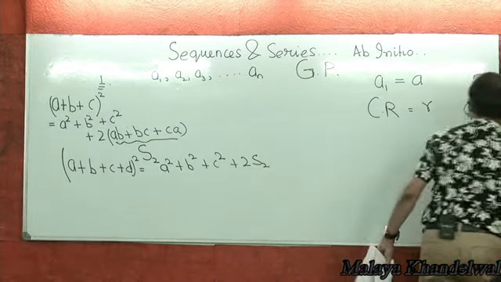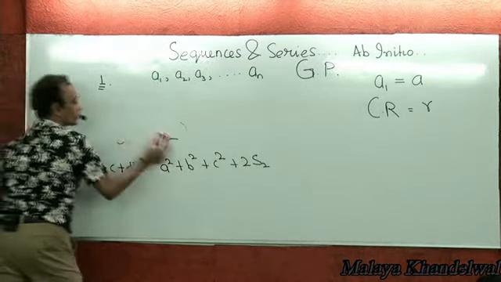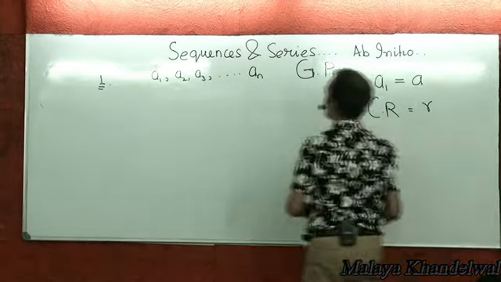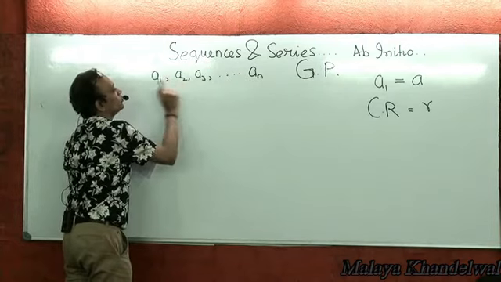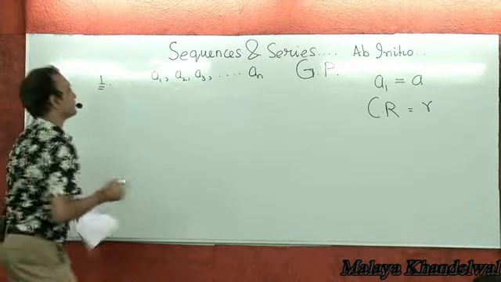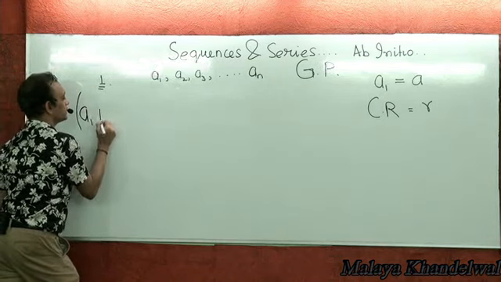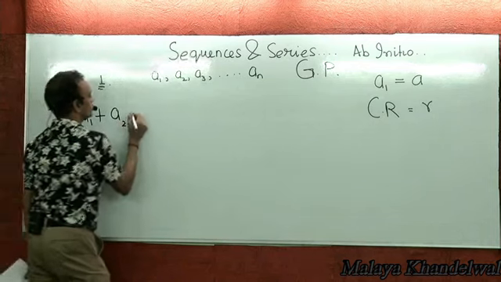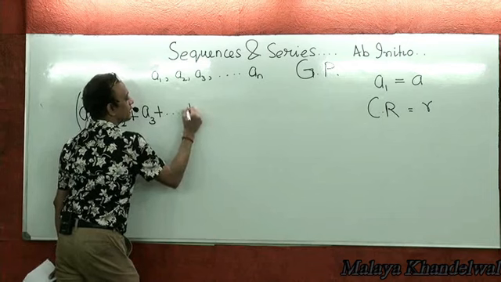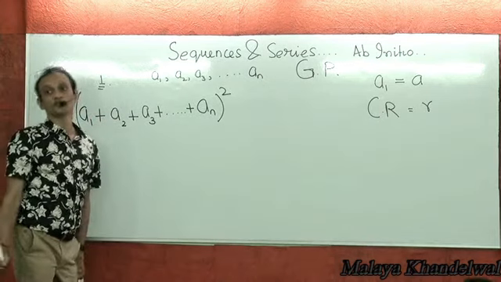Extending this to a generalized domain, that is to say, I want A1A2, A1A3, A2A3, all such pairs to appear in that sum. That's what I want, right? And that sum will appear when I carry out the following operation. If I do A1 plus A2 plus A3 plus ... plus AN whole squared, then what all will I get?